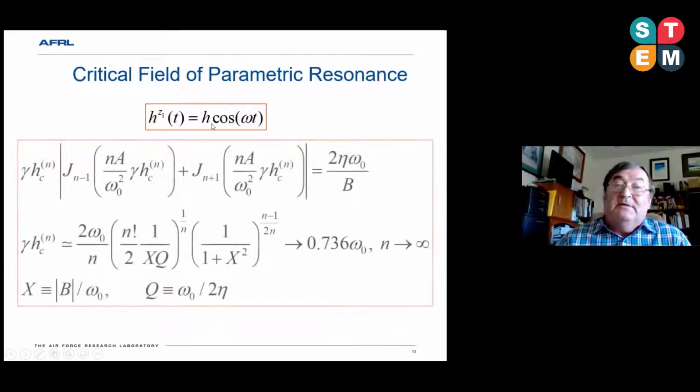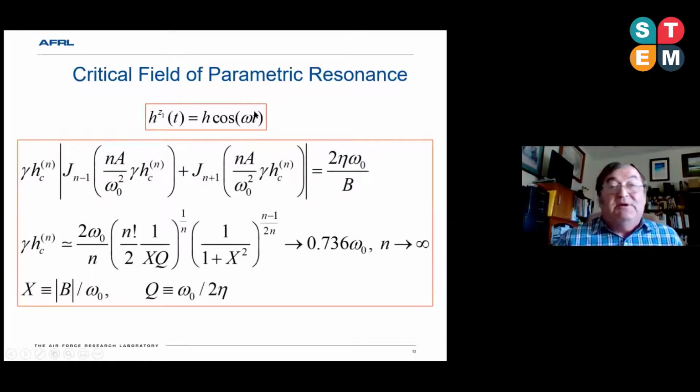With harmonic modulation, we can immediately obtain a similar equation for the threshold of any n, and we have an approximate formula from this exact formula, obtained in the resonance approximation.